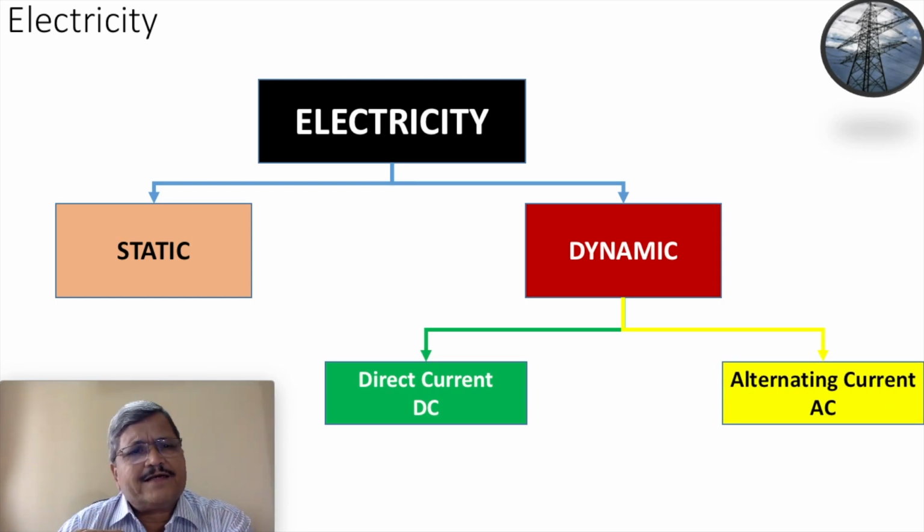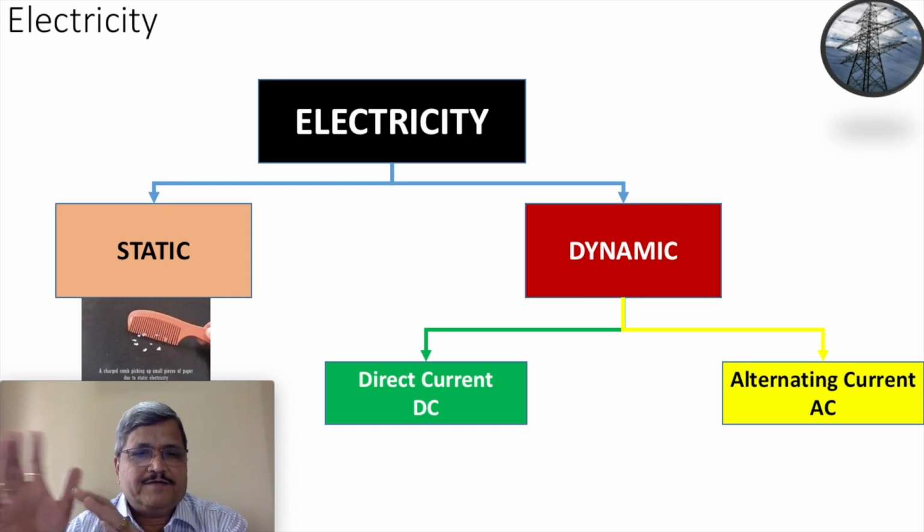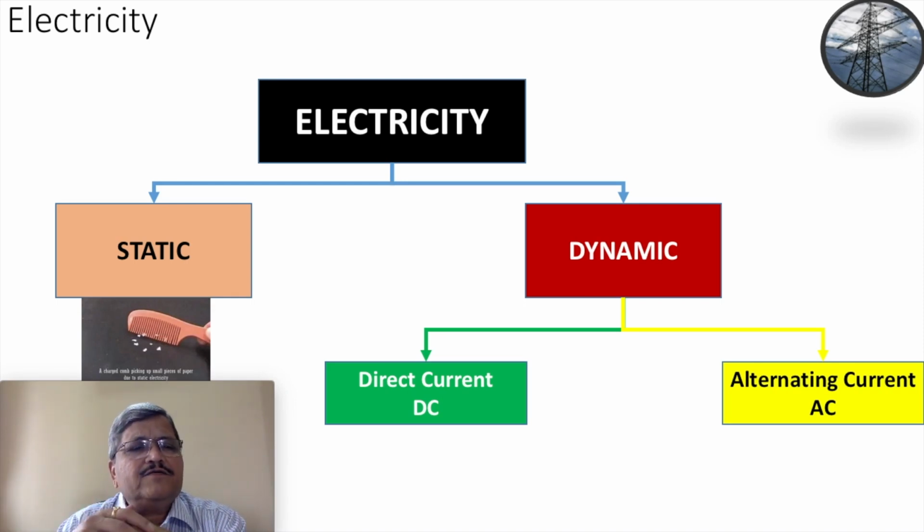Now, today let us understand what is static electricity, how it gets generated, what are its uses and all. Just to remember broadly, static electricity is what you see when you comb your hair, then the comb gets electrically charged and attracts small pieces of paper.